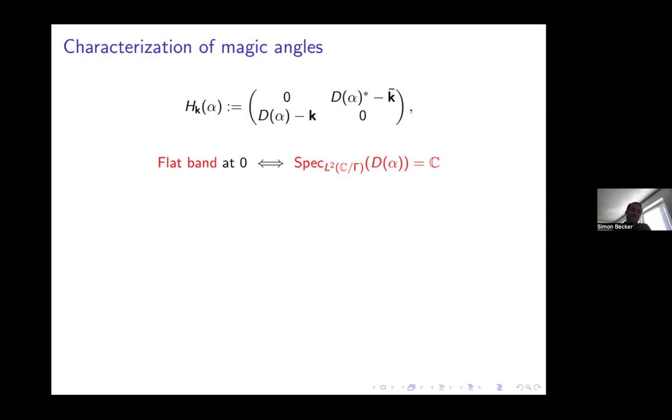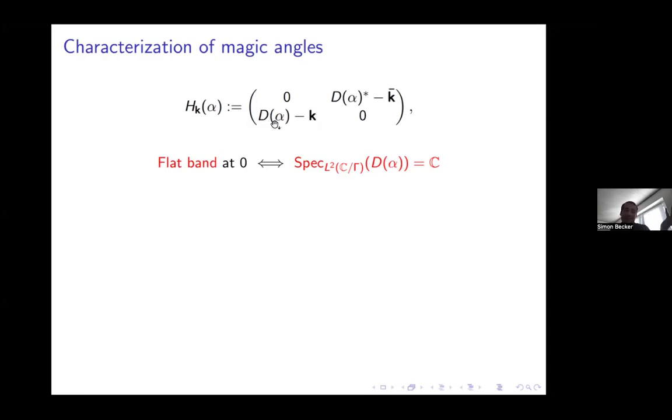If we have this flat band at energy zero, it means zero is an eigenvalue of all of these. And if we look at our operator, that means that if this holds for all K, then all K are eigenvalues of d alpha.